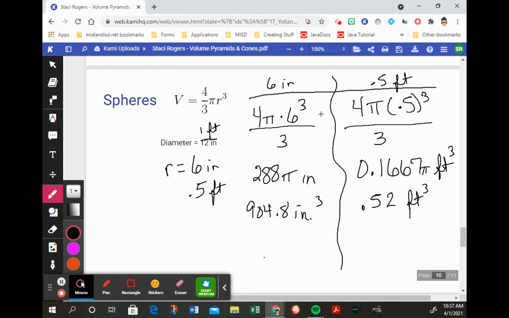I would have to multiply this times 144 to get, no, times, not 144, times 12 to the third power. So times 12 to the third power, and I get 904.8. Because that would change feet to inches.